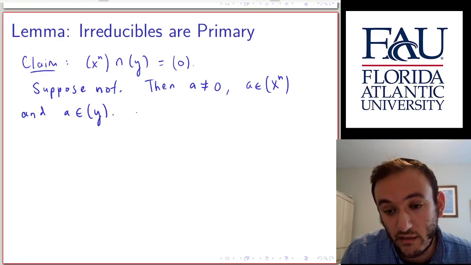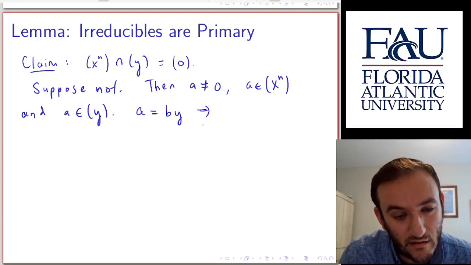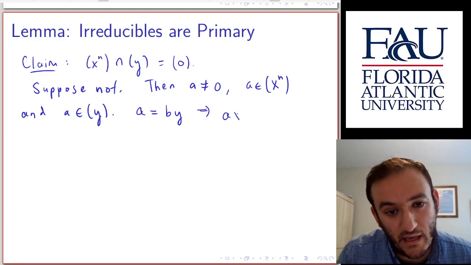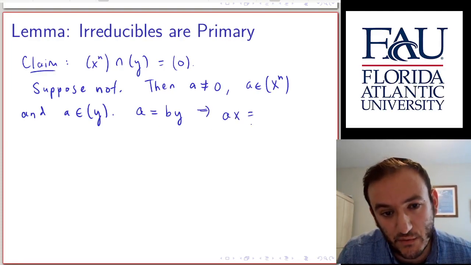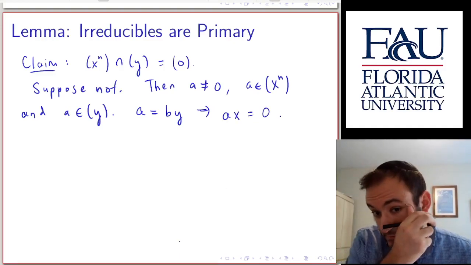By virtue of being in the ideal generated by y, A is equal to by, but that means that Ax is going to be equal to 0, right? Because xy is 0.